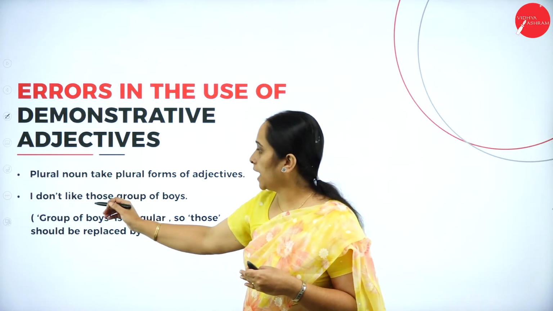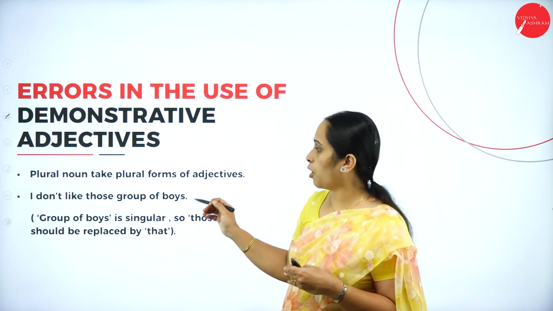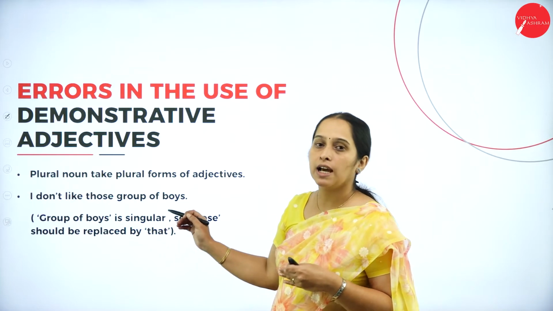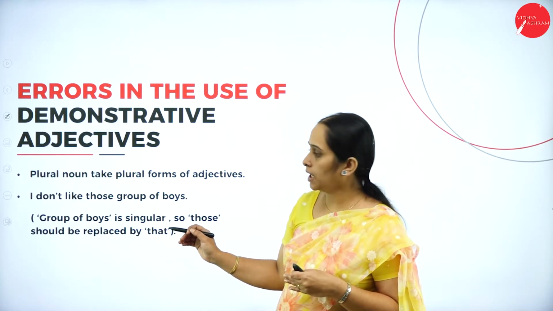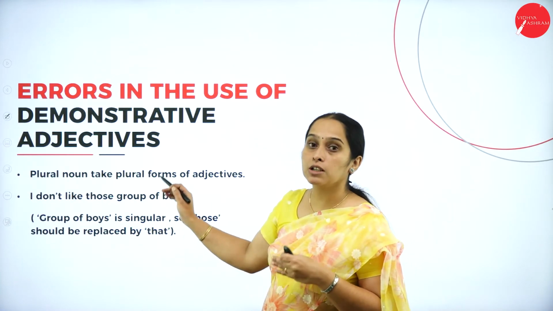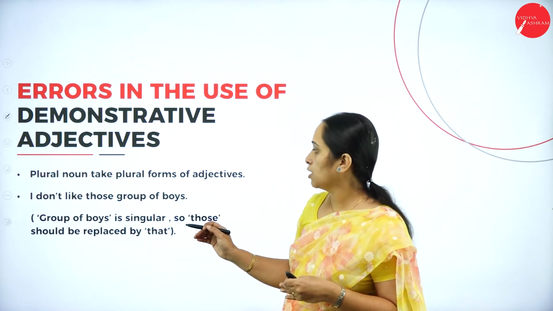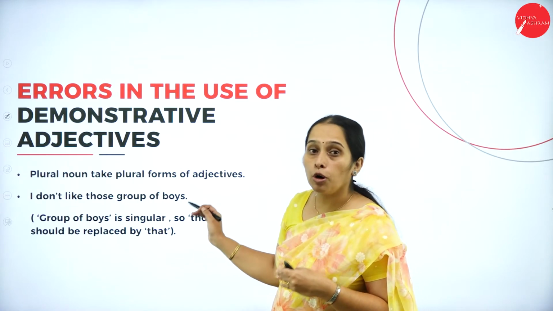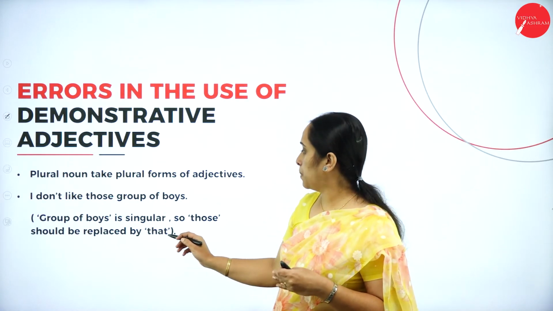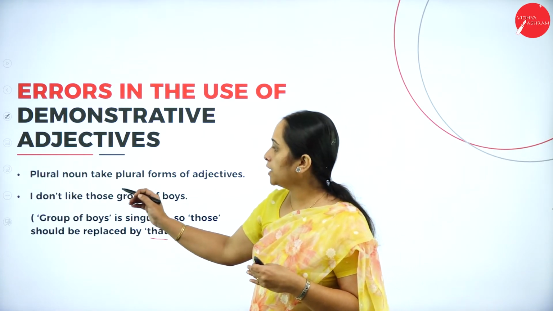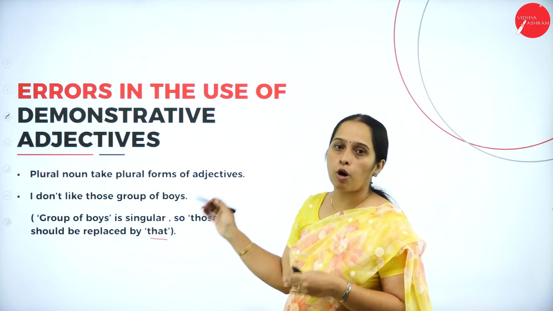For example, I don't like those group of boys. Group of boys is singular. Got it? Boys is plural, but group is singular. So those should be replaced by that. Instead, you can say I don't like that group of boys.